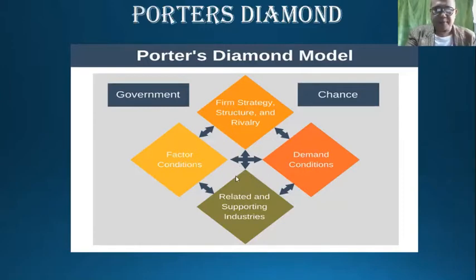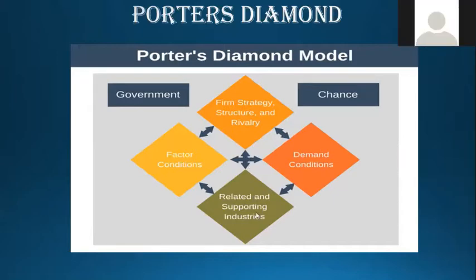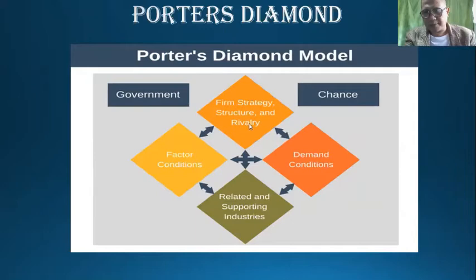You see the diamond, meaning to say it is interconnected to each other. No? The firm supplies the demand and needs suppliers. You look at the cross here, from other supporting industries to provide, to manufacture goods for the customers.